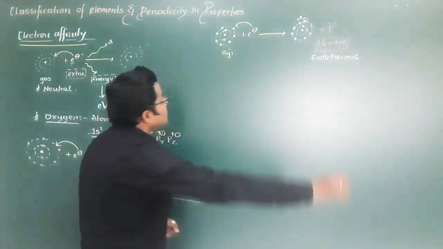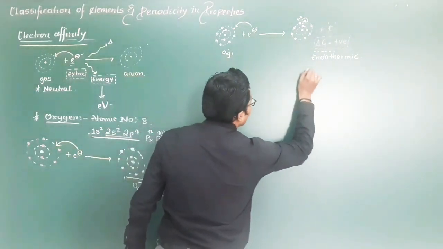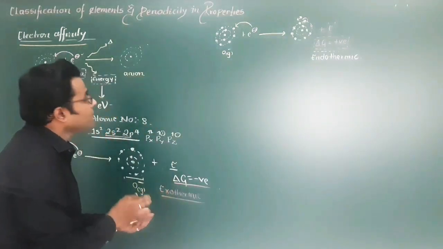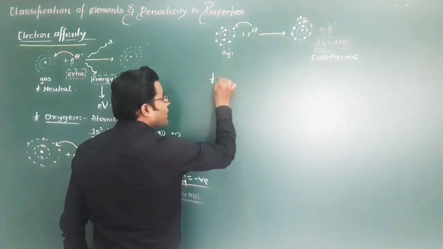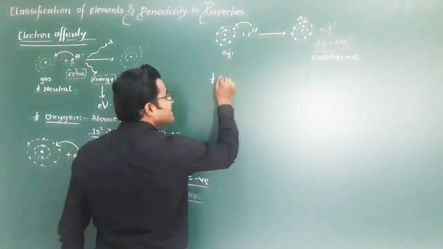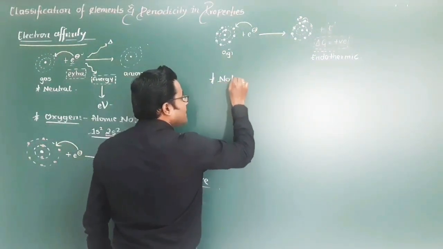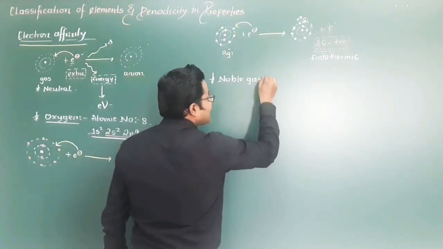Now, let us get into details about this. When we observe the entire periodic table, at the end we have the noble gases. Noble gases have a completely packed electronic configuration.